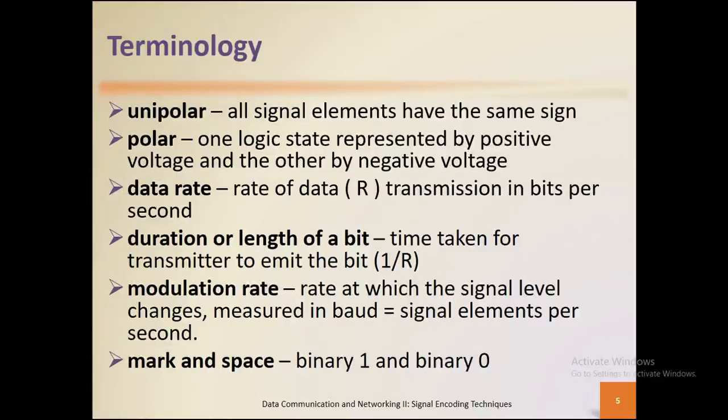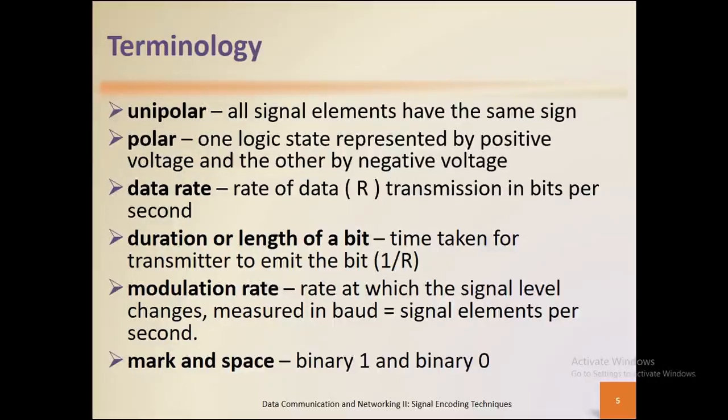So if a particular signal has a baud rate of maybe 9,600, it tells you that the signal fluctuates from high to low at that given signal level, usually measured as signal elements per second.